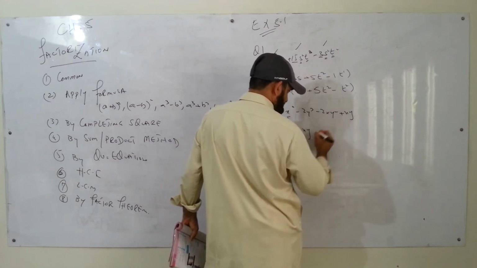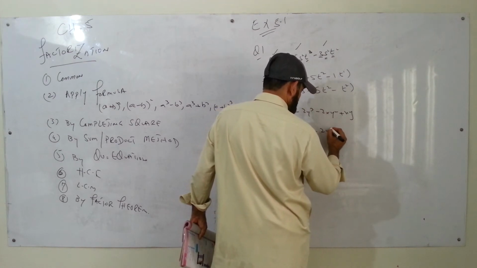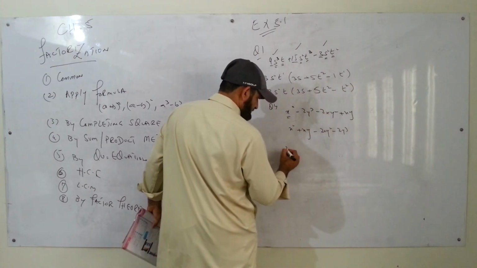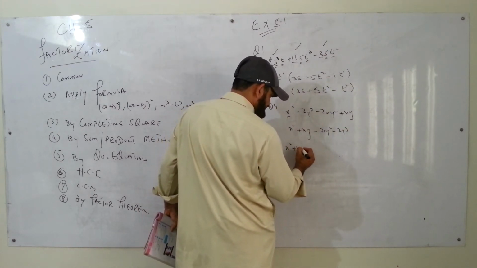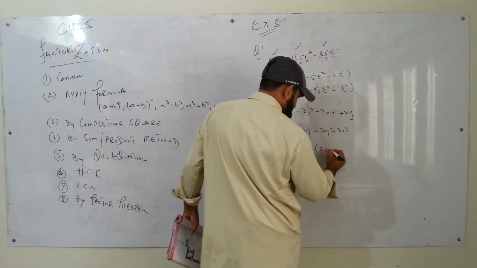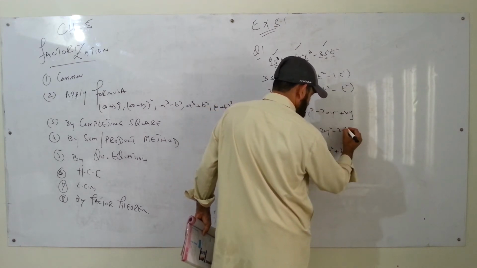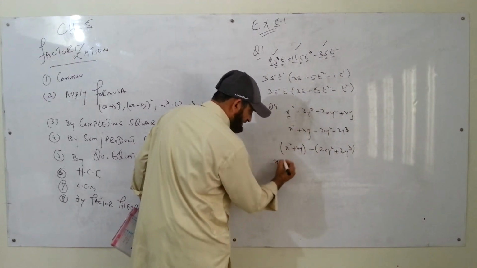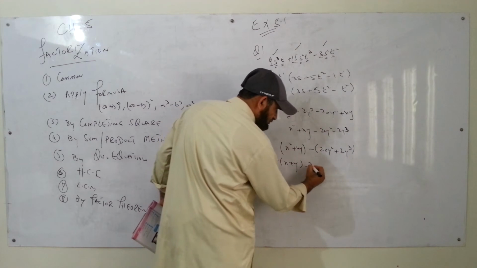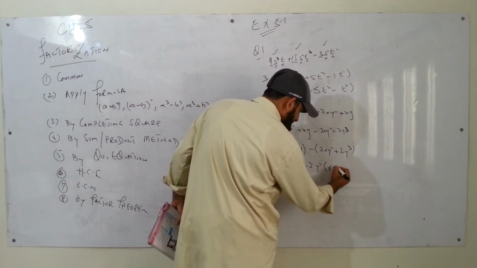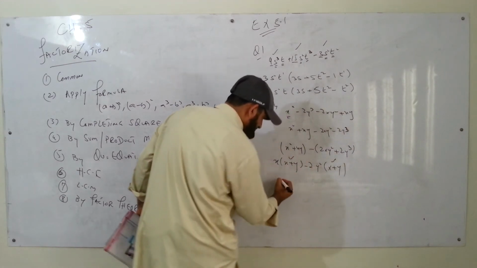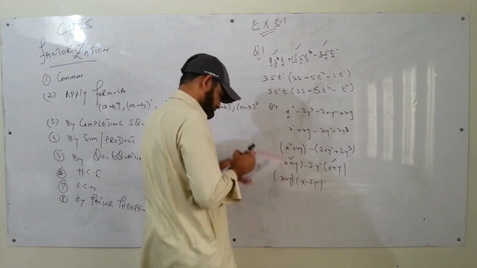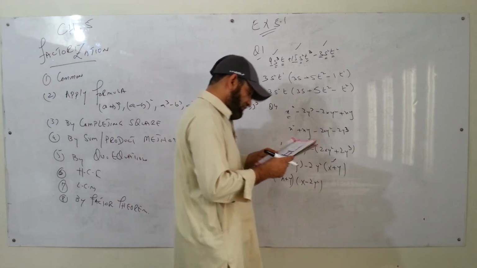Now, x^2 + xy in one bracket, and minus 2xy^2 minus 2y^3 in the other bracket. Do this: minus will be plus. x is common, x plus y. 2y^2 is common, x plus y. So x plus y and x plus y, and we get x minus 2y^2.